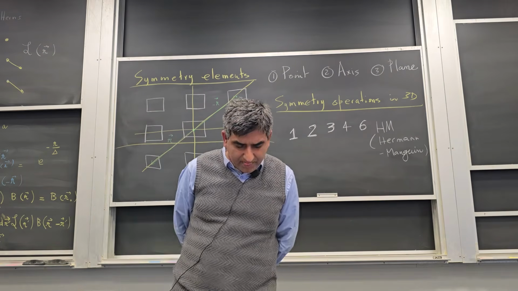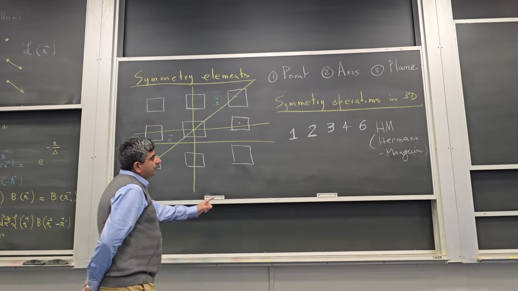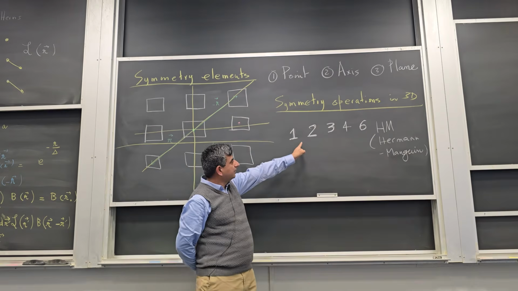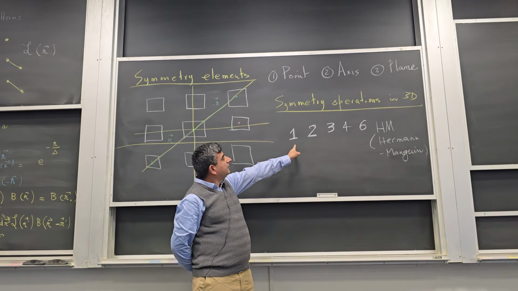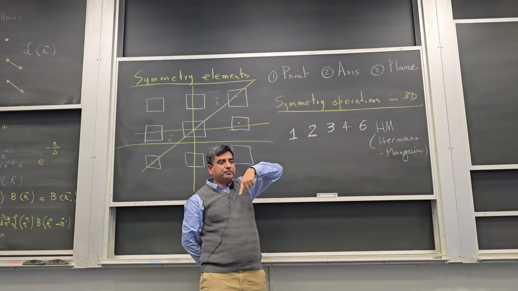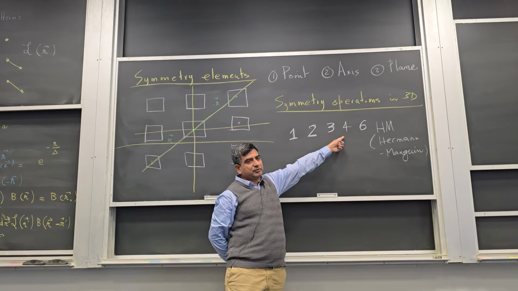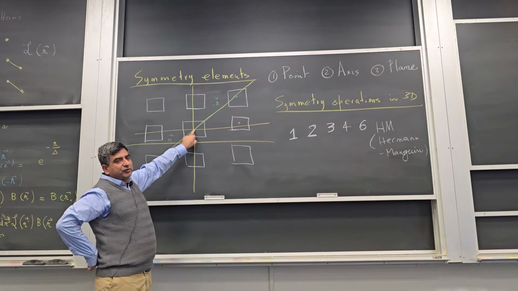And there are others as well in 2D. So there are 5 of these point operations or axis operations. Let me first exemplify this. Let's consider this structure. This point is a 4-fold axis of rotation.